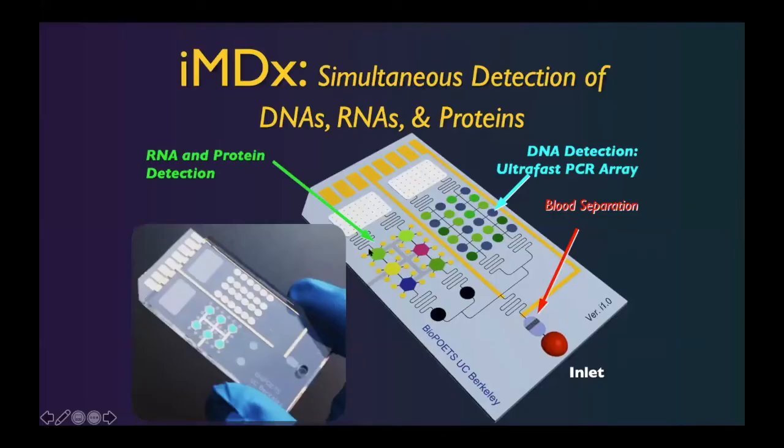Okay, maybe I should show the slide again. Let me see. It's easy to explain. Let me share screen back. For example, in this case, you drop the blood and then you can separate plasma. And then each well is a plasma with all the DNA or RNA, so you can amplify. And then each dot will generate fluorescence color.